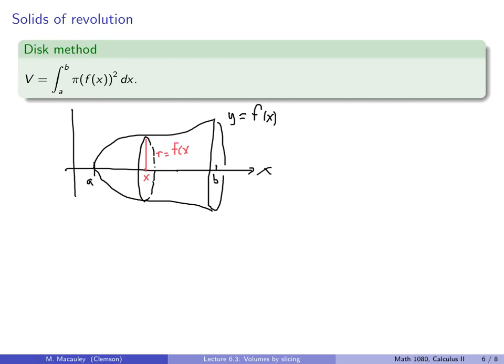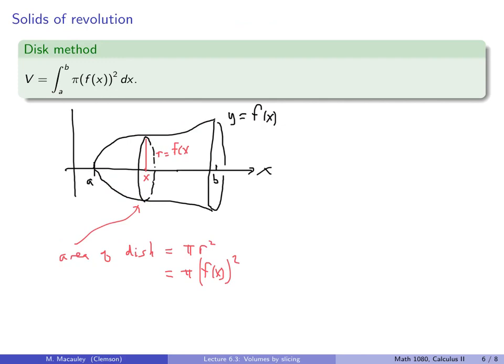So now the area of the disk is pi r squared, which is pi times f of x quantity squared.